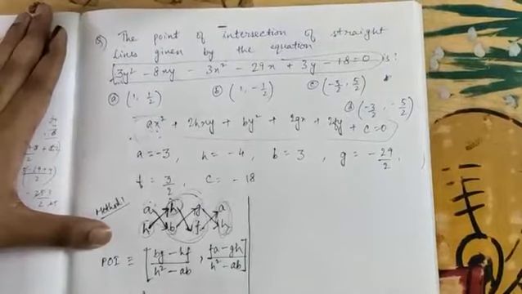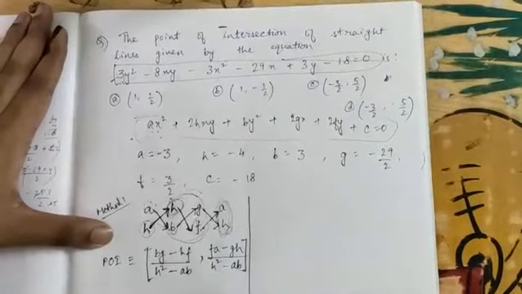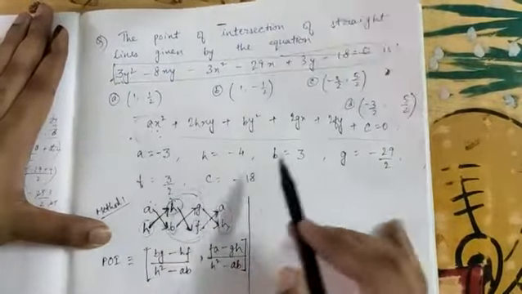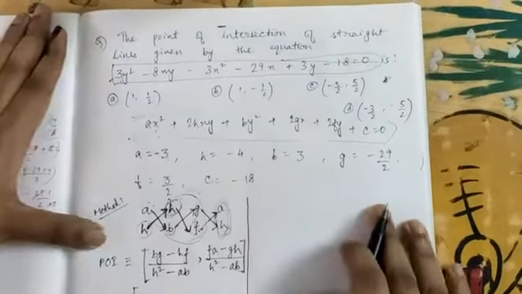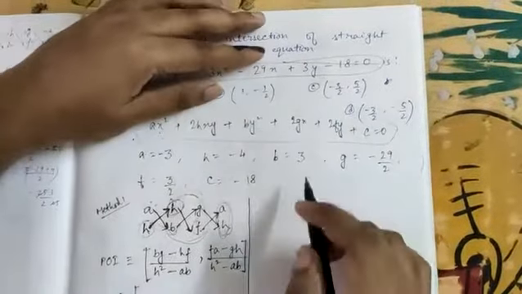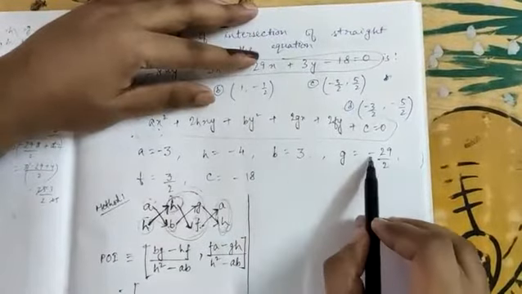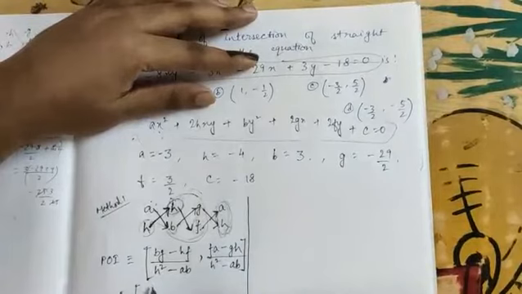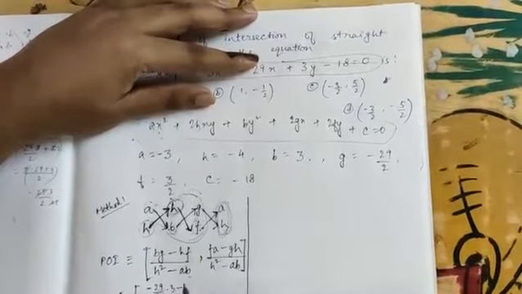So from this given question, if you put the value of the corresponding terms, you will get that BG. What will be my BG here? My BG will be 3 into minus 29 by 2. 3 into minus 29 by 2 minus HF.